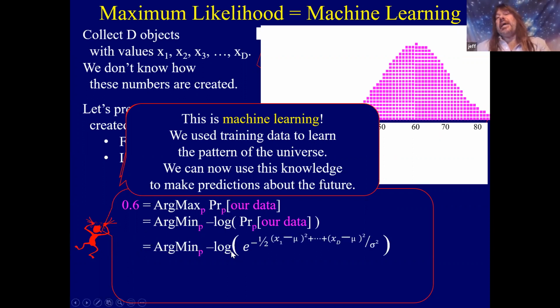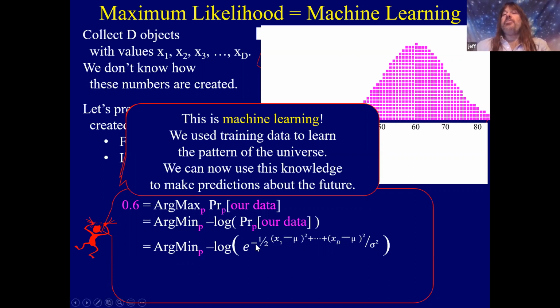Anyway, let's plug in our equation. Remember, this was the equation for the probability of getting a number. Here we have how many coin flips. We got x1 all the way up to xd, and that's sort of how far we're deviating from the mean.